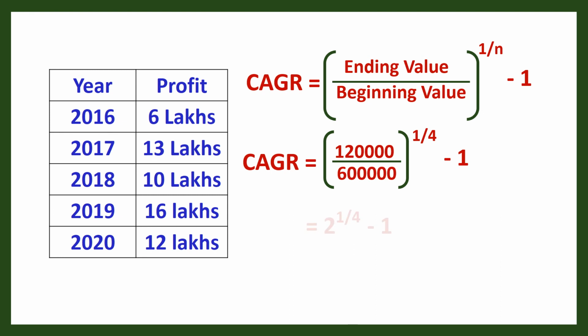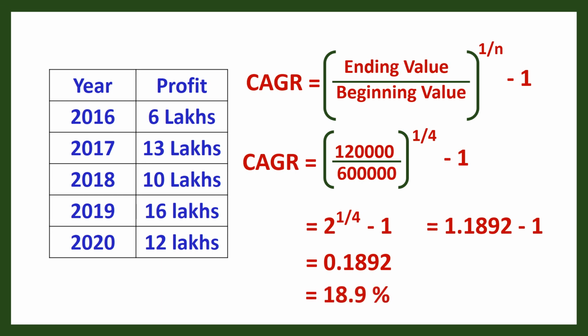So 2 raised to 1 by 4, minus 1. Hence it is 1.1892 minus 1, that is same as 0.1892. And when we convert it into percentage to know the growth rate, it is 18.9 percentage. Thus we can say that this company is growing at a rate of 18.9 percentage.